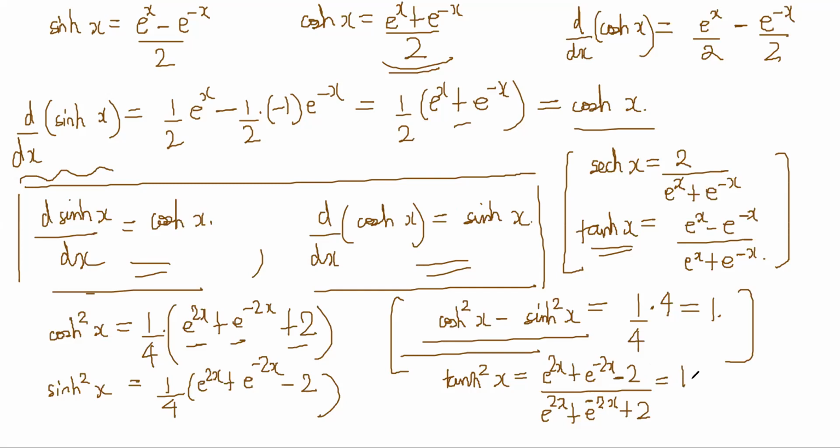So that is clearly 1 minus 4 by the denominator. Now if we notice, this is sech square x, because 4 by this will come, no? So we have a slightly different looking identity.